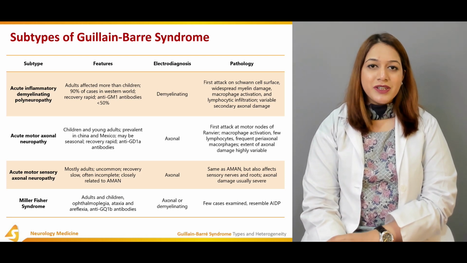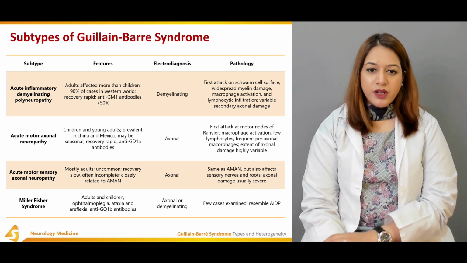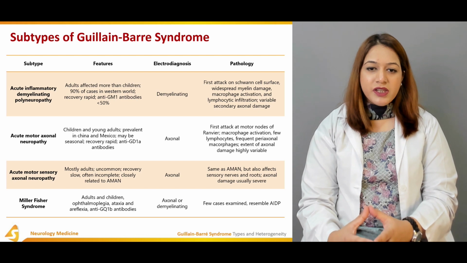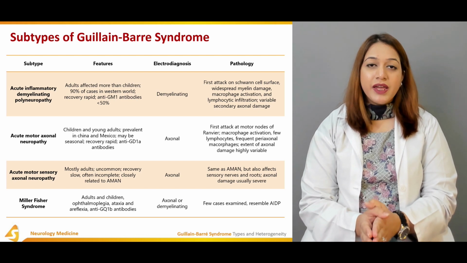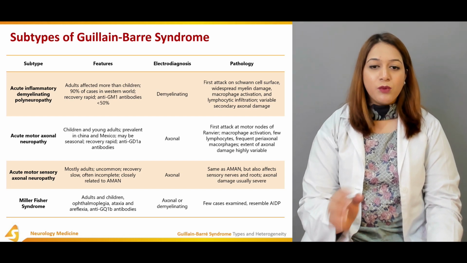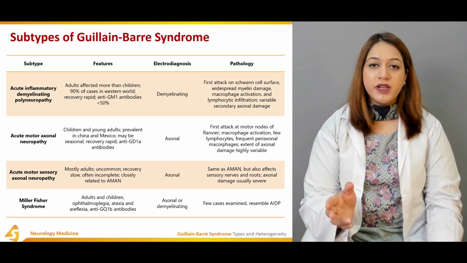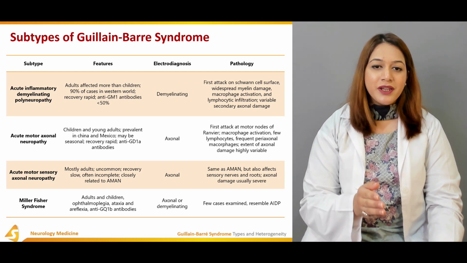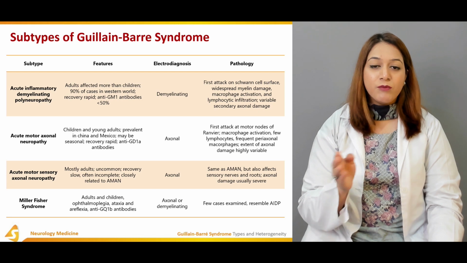It is prevalent in China and Mexico, and it may be seasonal. It is often incomplete, the recovery is rapid, and the specificity of this type is that anti-GD1A antibodies are found in acute motor axonal neuropathy, as compared to AIDP, where we were finding anti-GM1 antibodies.